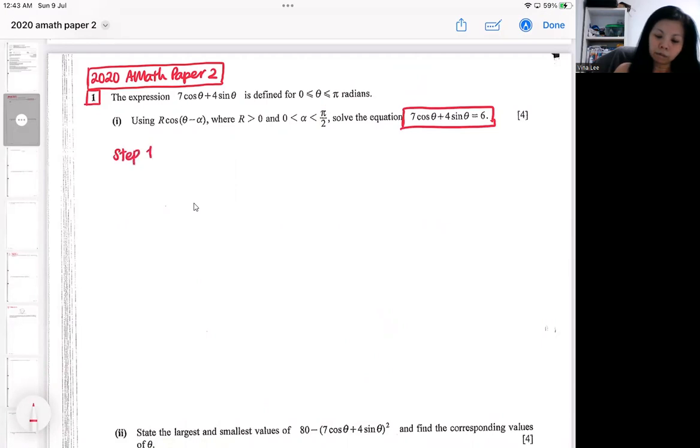Convert this part to the R formula. So do remember the formula will be this and this.